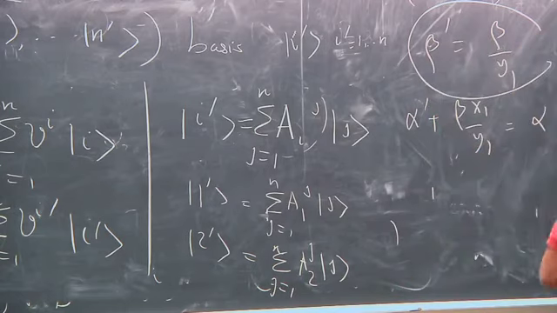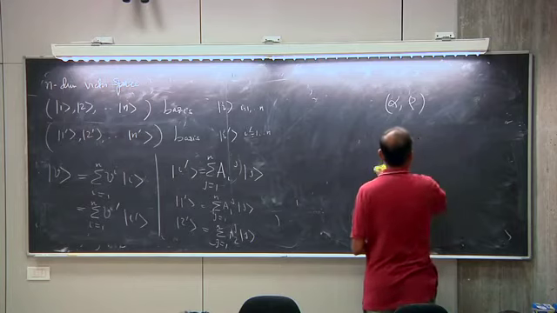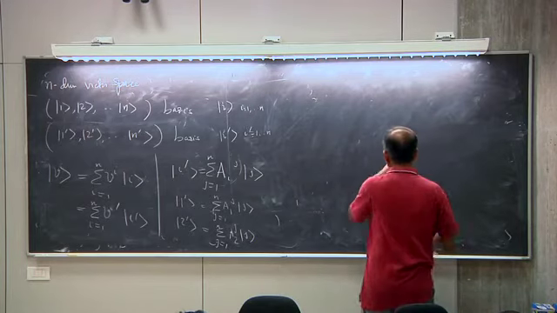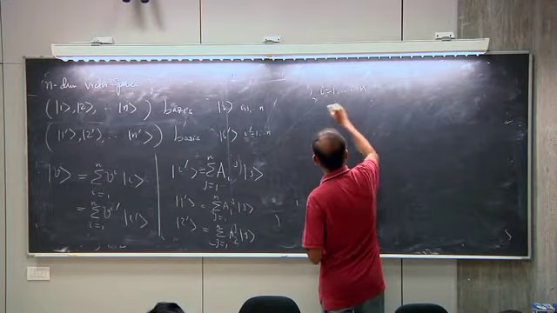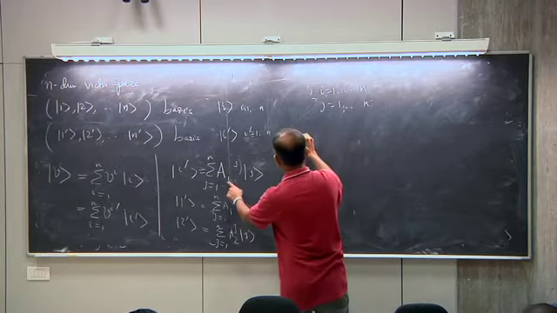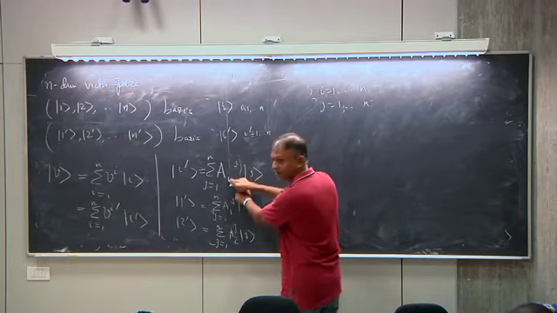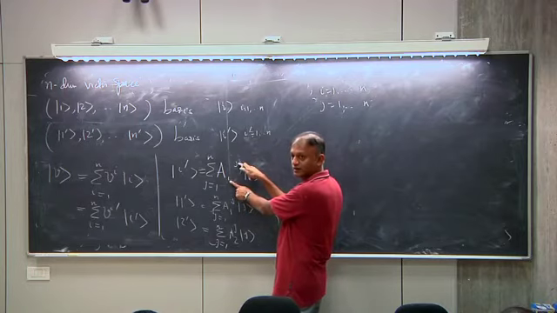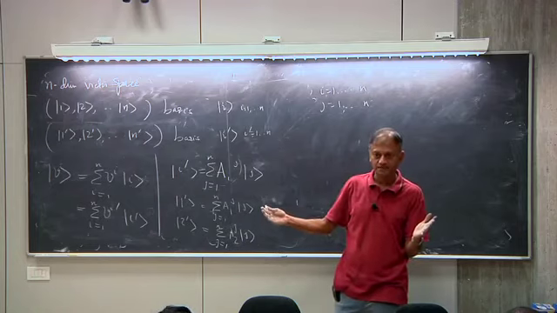There are n squared objects here, because I goes from 1 to n and j goes from 1 to n. I can arrange them as an n by n matrix.